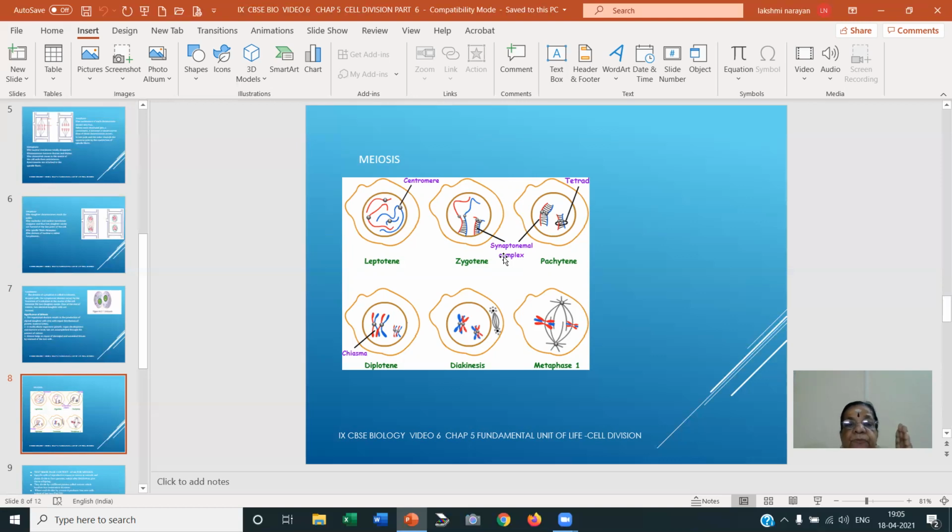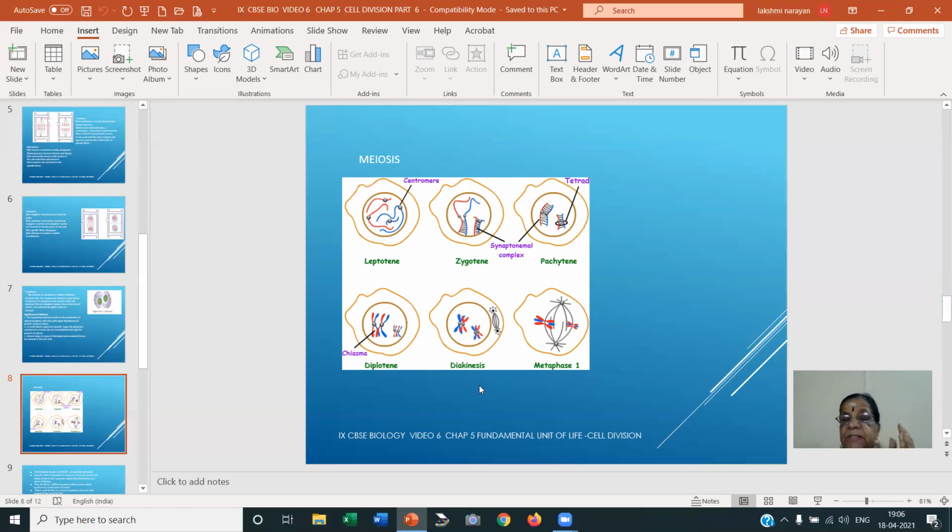In that, prophase 1 is the significant stage of division with 5 substages. Those 5 substages are leptotene, zygotene, pachytene, diplotene and diakinesis. I repeat: leptotene, zygotene, pachytene, diplotene, and diakinesis.